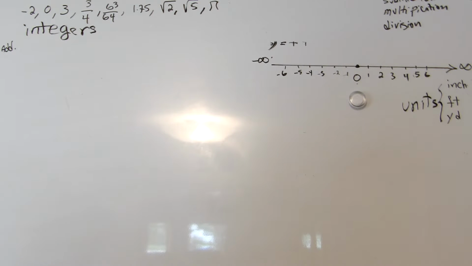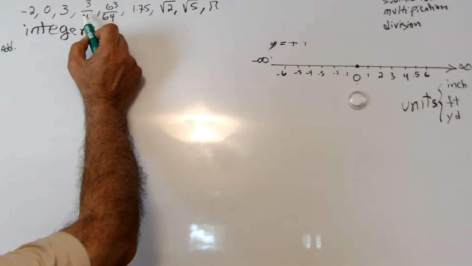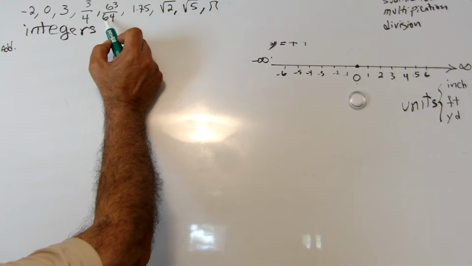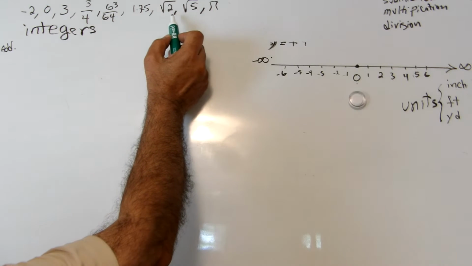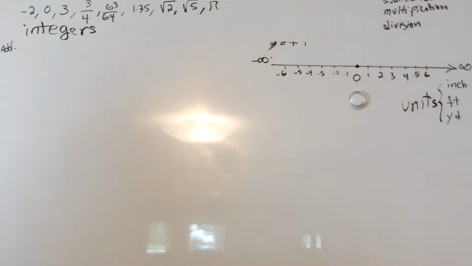We start from numbers. There are different kinds of numbers. You see -2, 0, 3, 3 over 4, 3 over 64, 1.75, radical 2, radical 5, and so on, pi, and so on. So we start from integers.